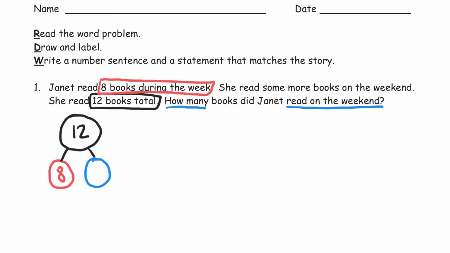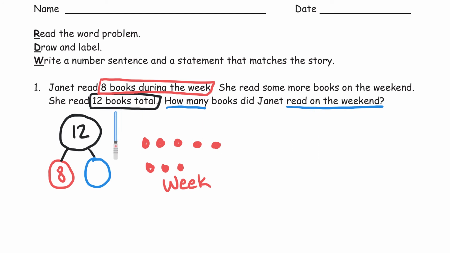So let's put down our mystery number. Let's go ahead and draw this out too. So we have 8 books during the week. Let's draw that. 1, 2, 3, 4, 5, 6, 7, 8. And let's label that week. Now, we need to know how many she read on the weekend.